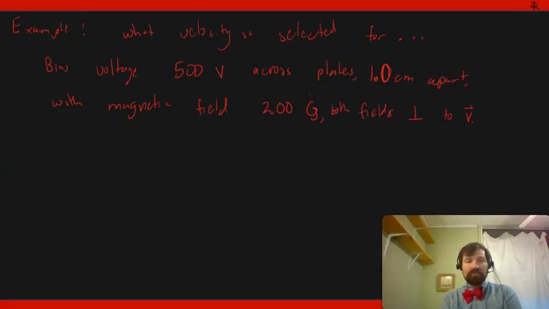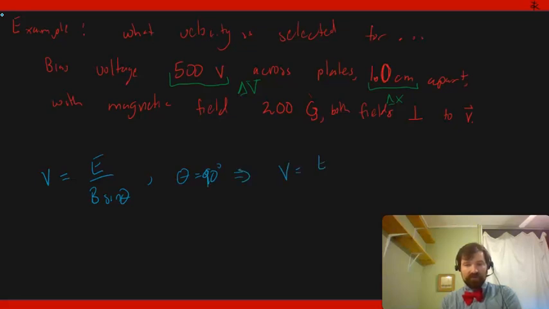There's actually kind of 2 steps to this because this right here is a delta V and this right here is a delta X. If you want to get V is E over B sine theta, theta is 90 degrees here, and so that means that V is just E over B. But E in turn is given by this delta V over delta X. So what we have is 500 volts divided by 1 centimeter, which is 0.01 meters.